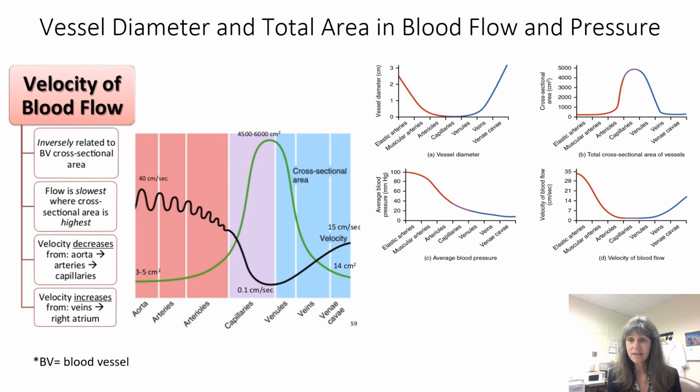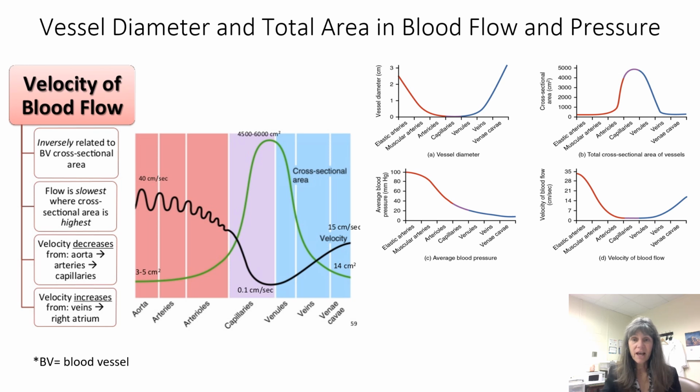These charts take a look at several factors that affect blood flow and pressure and the speed of blood flow. The charts are looking at something called the blood vessel cross-sectional area. So this is the area of a cross-section of blood vessels of a certain type.